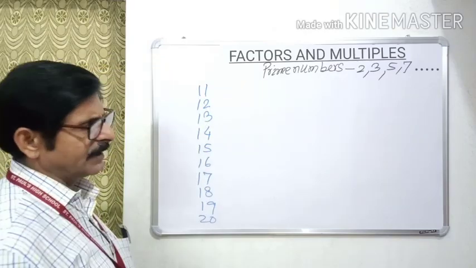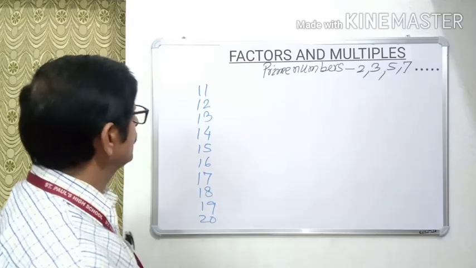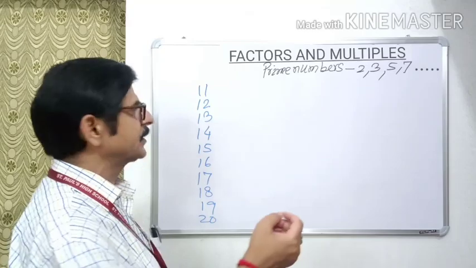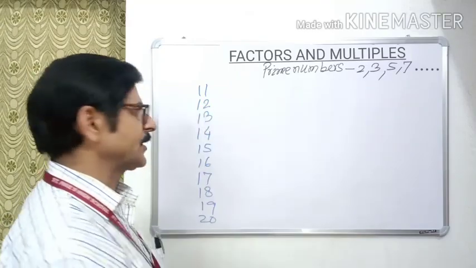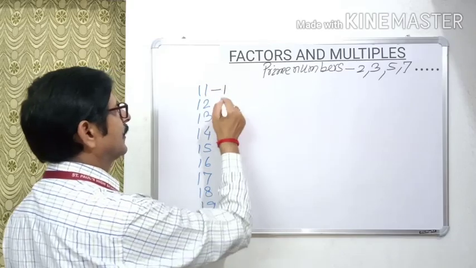Every number is divisible by 1 and itself. So 2 factors we can already predict, 1 and the number itself.